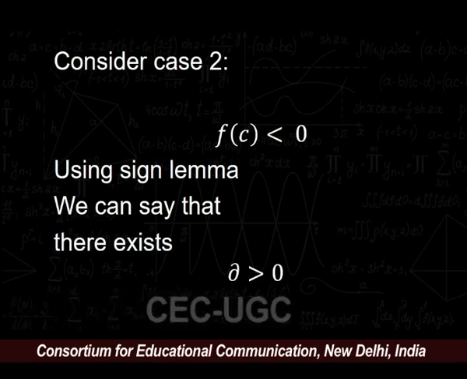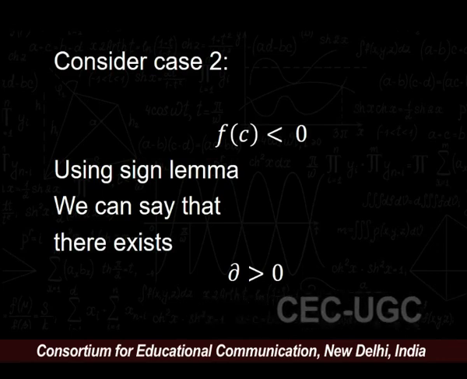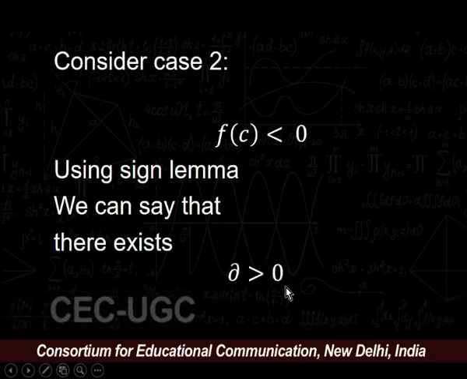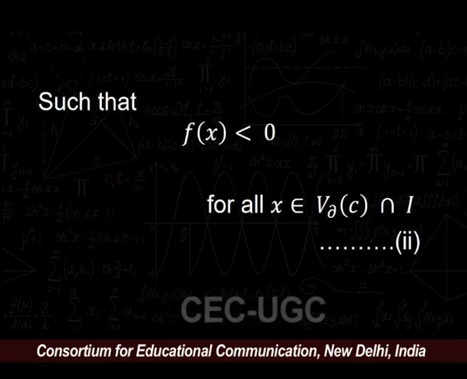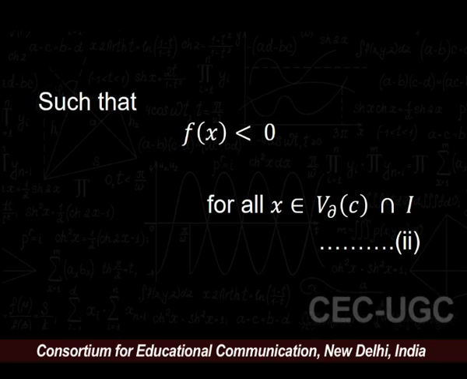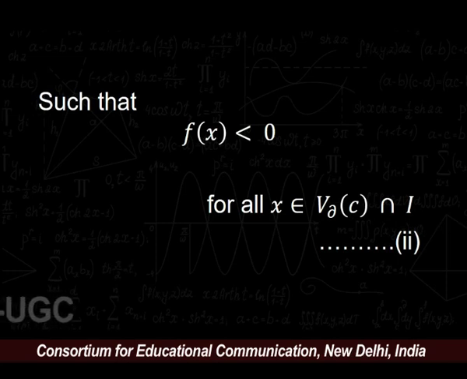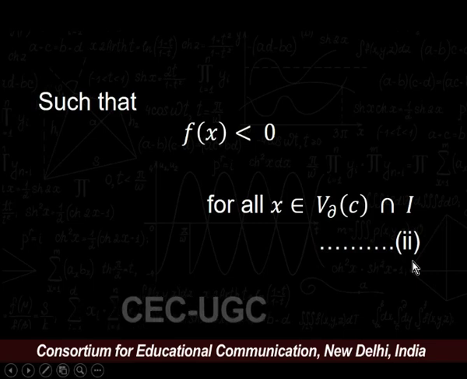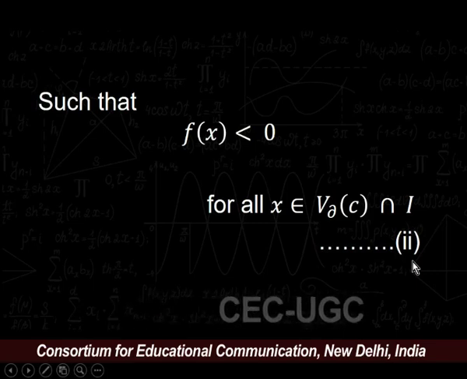Again, using the sign lemma, if f(c) is less than 0, then there must exist some delta greater than 0 such that f(x) is less than or equal to 0 for all x belonging to the delta neighborhood of c intersection I. This is our statement number 2. I repeat, statement number 2.